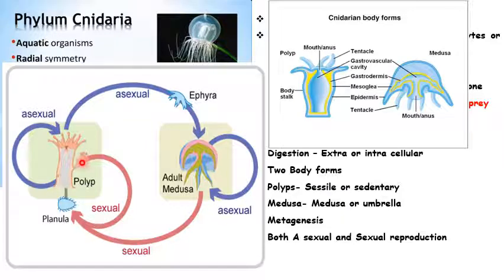Sometimes this asexual reproduction releases ephyra, which is known as medusa.